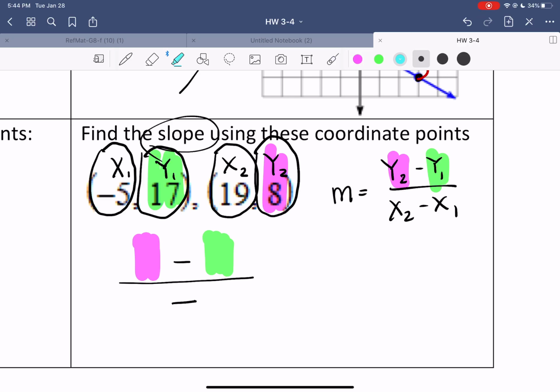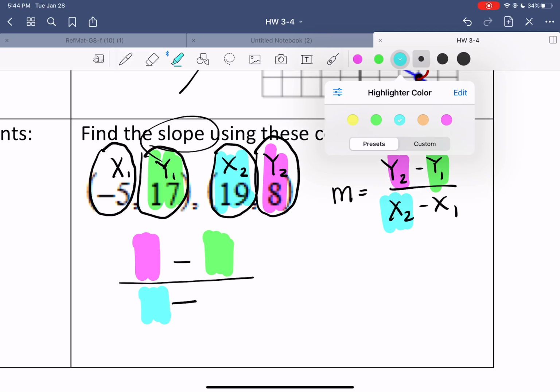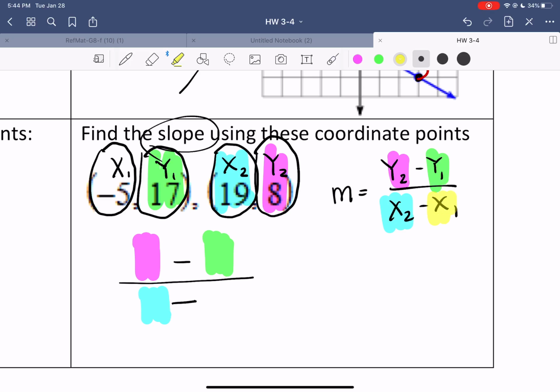So if this was x2 and x1. So making sure all of our colors go into the correct places. So our y2 is going to be 8 minus 17 and 19 minus negative 5.